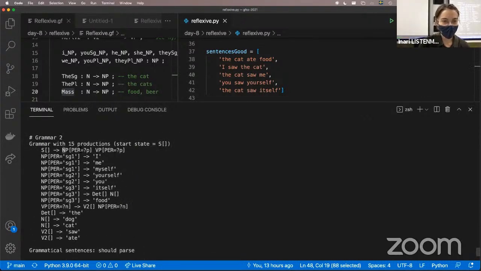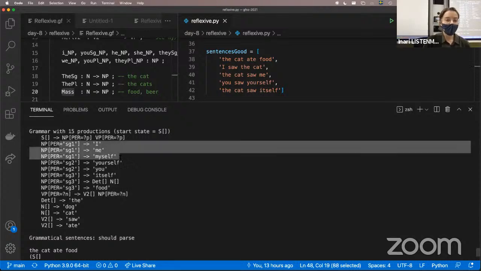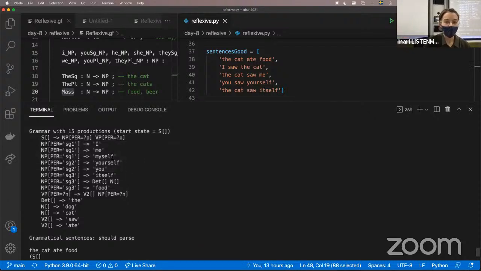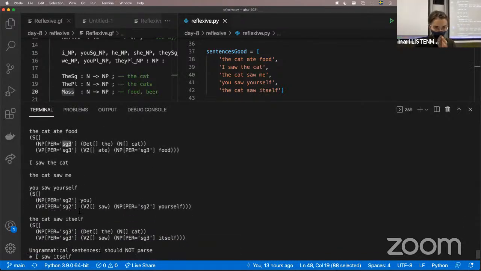Here we have the S rule, where the person needs to match, but actually the person in the VP comes from the object noun, and it's all fine when it's myself, yourself, itself. But it means that "the cat ate food" is fine because both cat and food are third person singular, but then you can't say "I saw the cat", because I is first person singular and cat is third person singular. At the same time, this is not visible because we have past tense. But so yeah.